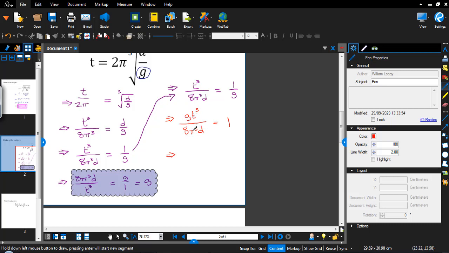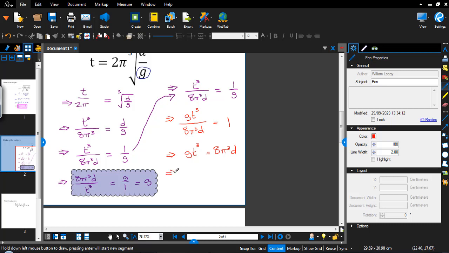So we did all that work just to get G above the line. Right, let's get rid of the bottom. Multiply both sides by 8 pi cubed D. That implies GT cubed equals 8 pi cubed D. Well, that makes sense, because if that divided by that is 1, then that has to equal that, doesn't it? So that's why they're equal.